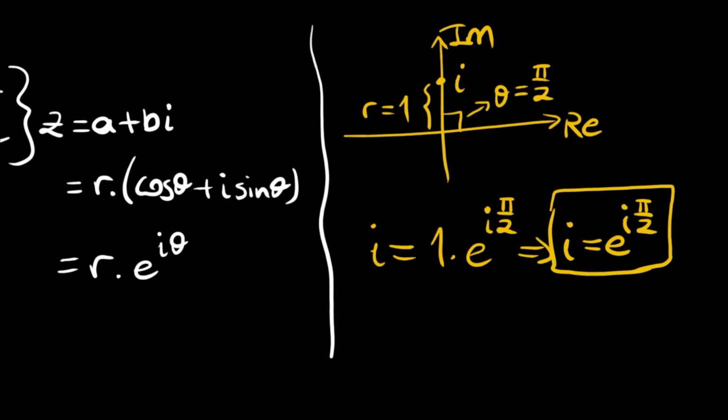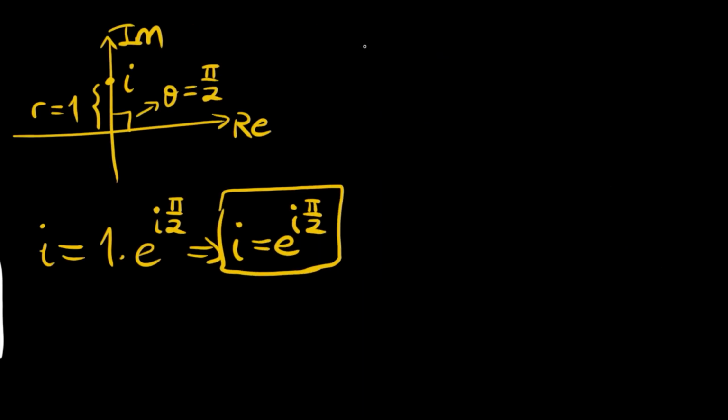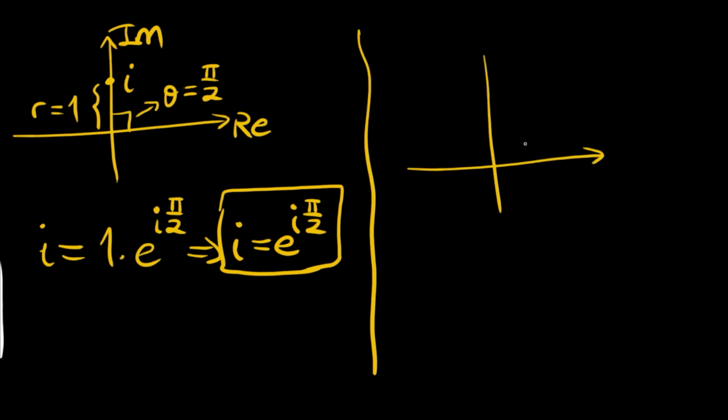What about 1 plus i? Let us see 1 plus i. That is, the real part is 1 and the imaginary part is 1 again. So z is equal to 1 plus i. It stands here with an angle of 45 degrees or pi over 4.